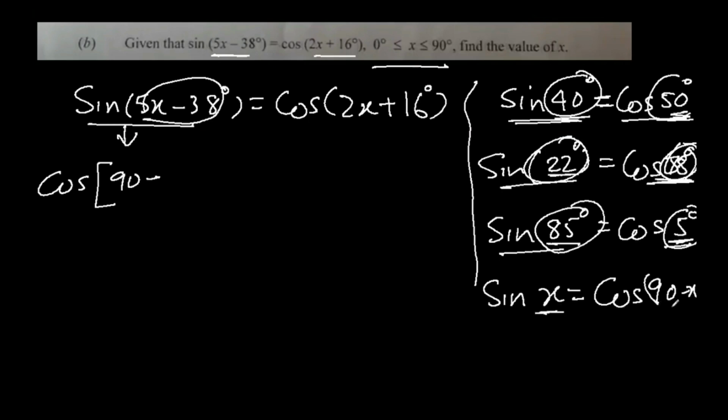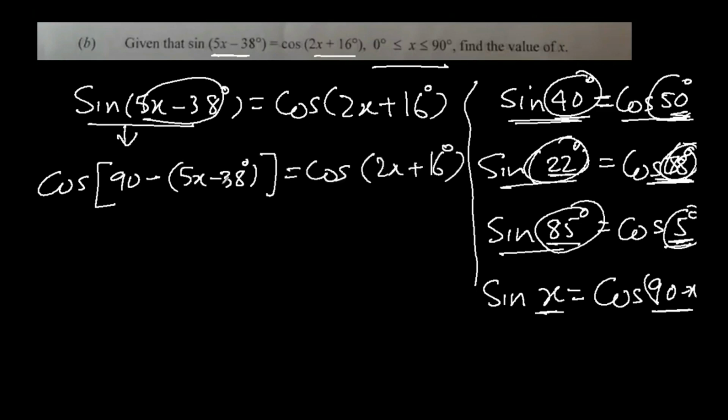And similarly, we will write here 5x minus 38, equal to cos 2x plus 16. No change on the right side. Only the left side changed. I wanted both to have cos. So cos 90 plus 38.